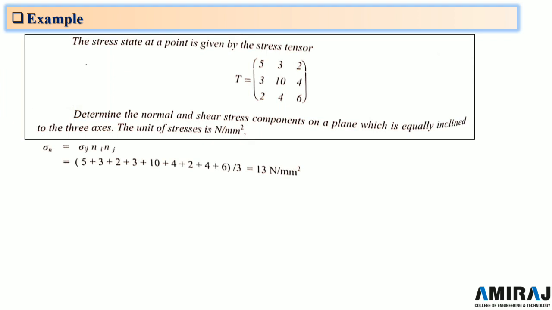The direction cosines of the normal to a plane equally inclined to the three axes are given by 1 by root 3, 1 by root 3, 1 by root 3. This will be the value of inclination to the three axes for an equally inclined plane.